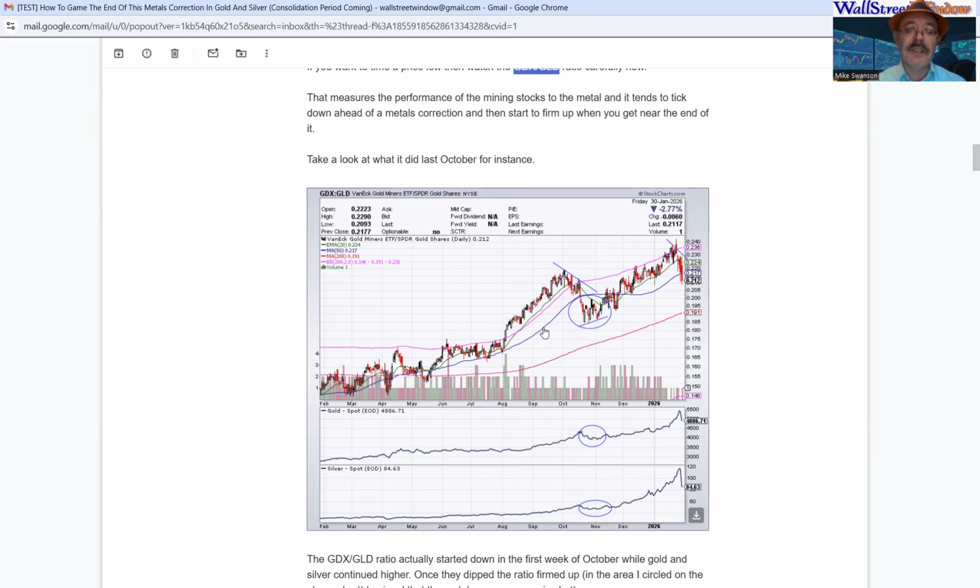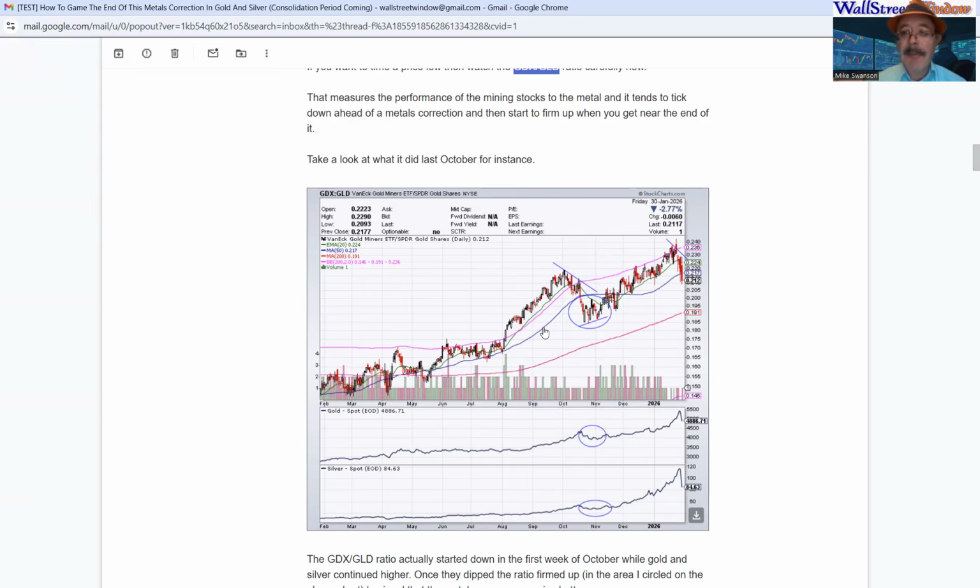There is likely to be a dip or correction. This warning sign happened in October, which is why I have the trend line pointing down. It happened ahead of a temporary high in gold and silver. Two weeks before, this ratio topped out, peaked out before gold and silver did. This time, the same thing happened. Not 2 weeks, but a couple trading sessions before.